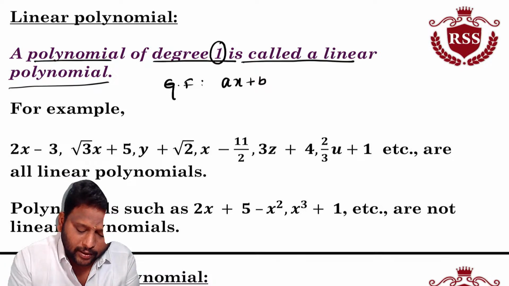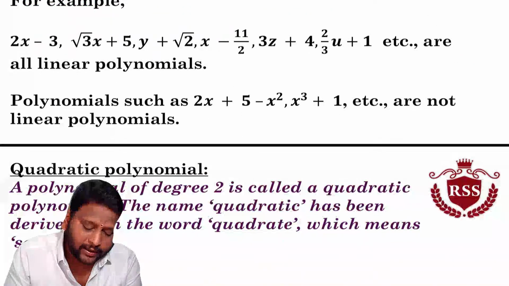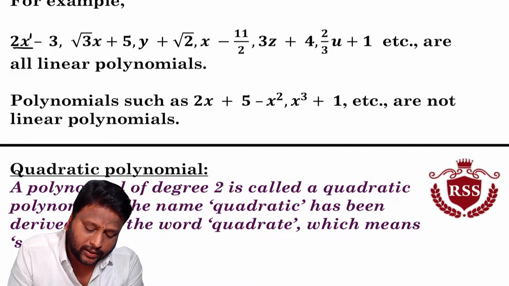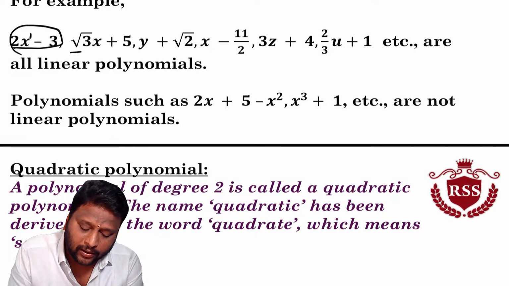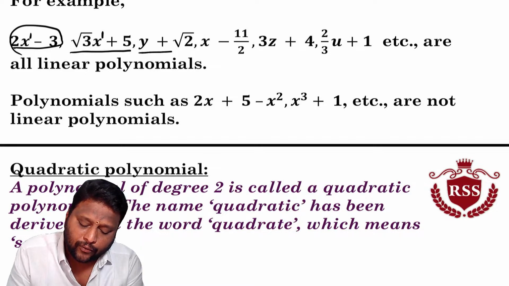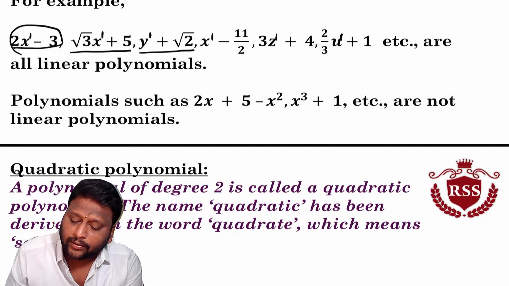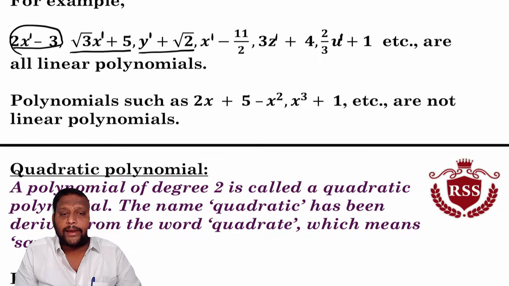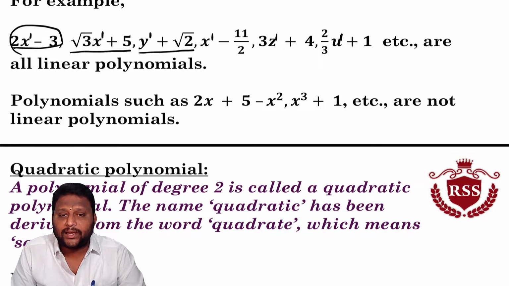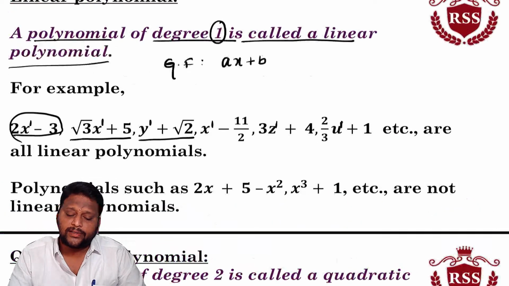For example, 2x plus 3, here the power is 1. That is why this is a linear polynomial. Root 3x plus 5, it is 1. y plus root 2, 1. These are all linear polynomials. Okay. What is a linear polynomial?